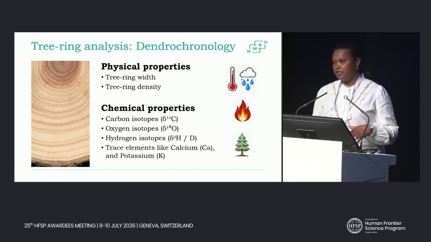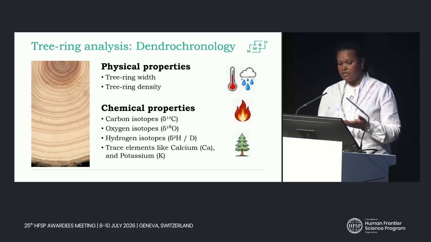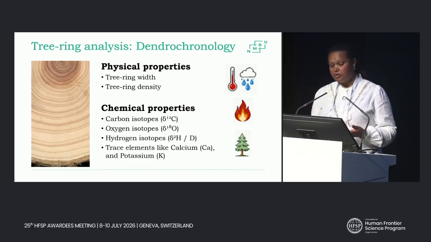So by measuring these different physical and chemical properties, typically tree ring width and tree ring density, and chemical properties like stable isotopes of carbon, oxygen, hydrogen, and also some elements like calcium and potassium, we can reconstruct paleoclimate. We can reconstruct past disturbance history like fire or insect and disease outbreaks. Also, we can study tree growth dynamics.